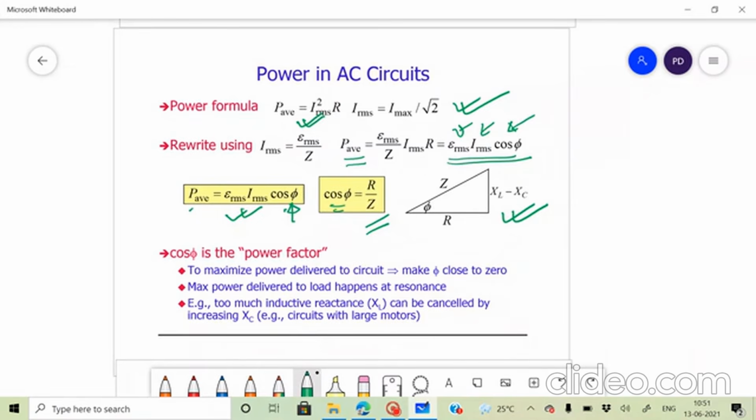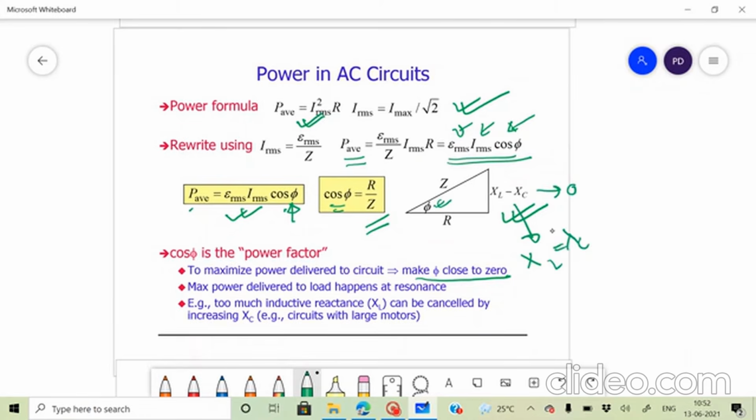So to maximize the power in the circuit, what you have to do is make phi close to 0 because cos 0 is equal to 1. So you can make phi equal to 0. How? This XL minus XC must go to 0. That means XL is equal to XC.